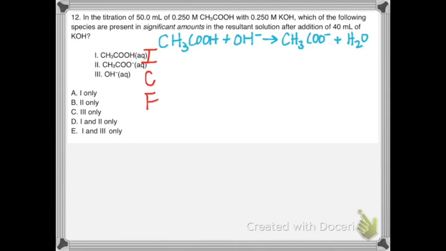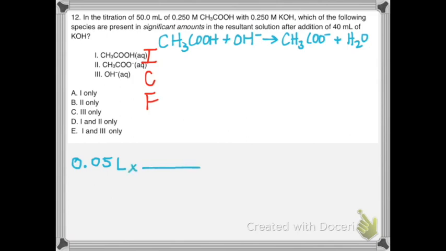And so just as a quick throwback reminder as to how to get moles from molarity in a volume, you would start with your volume in terms of liters. Okay, so the 50 mils of the acetic acid would be 0.05 liters.